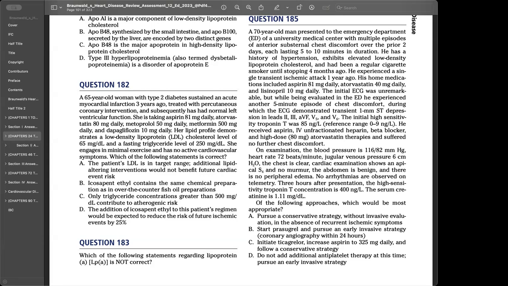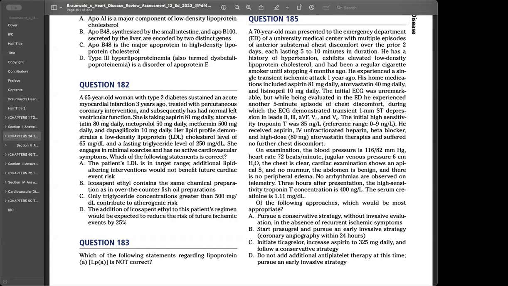If it were ST elevation, if it were STEMI, it would be easy, the diagnosis would be straightforward. Let me put it that way.